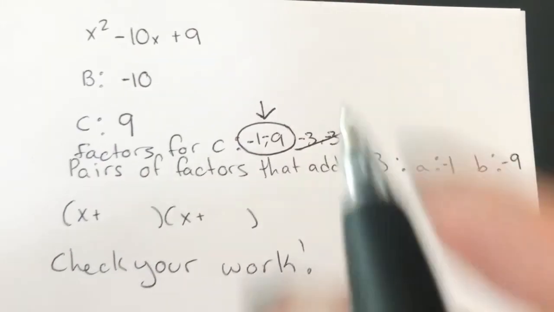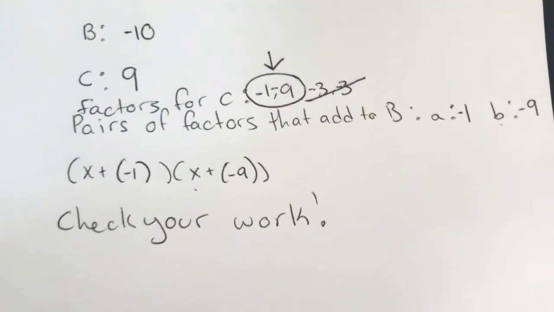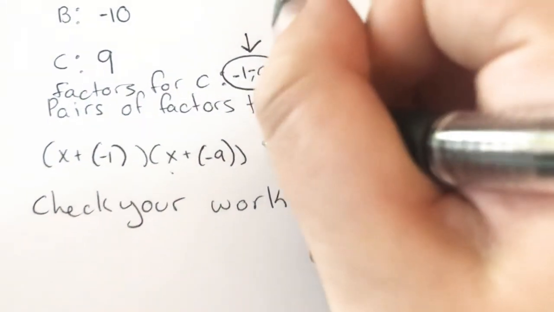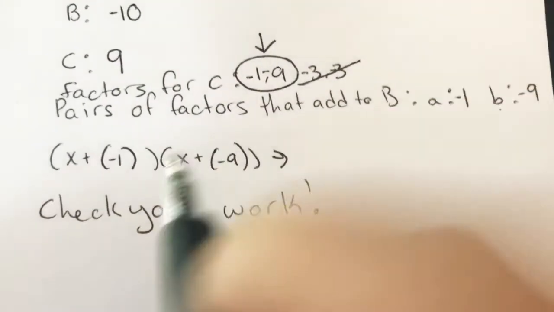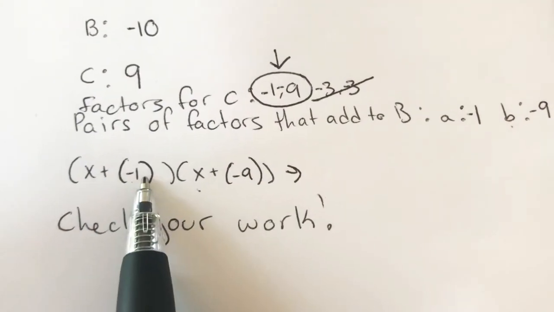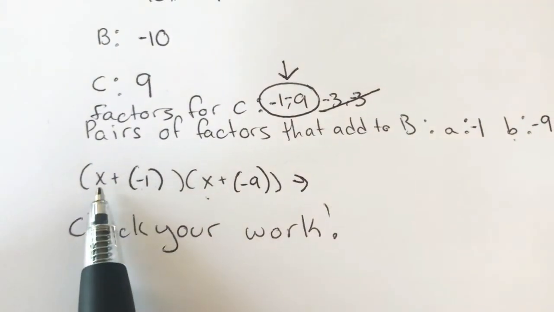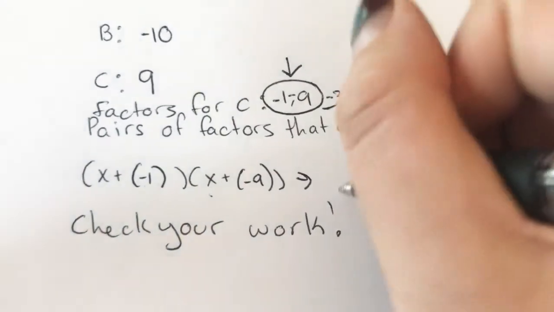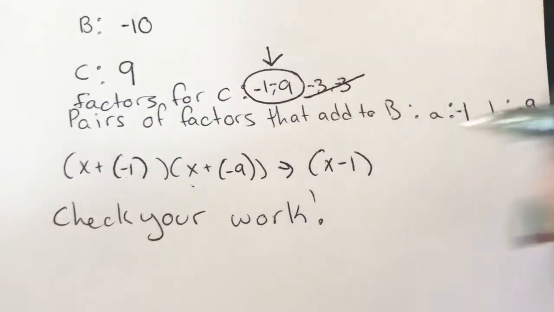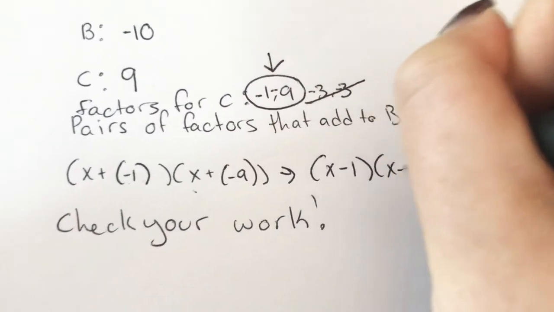So I have x plus a negative 1, and I have x plus a negative 9. First I'm going to write that a little nicer. I don't like having the plus negative, but whenever we have plus negative, it's the same thing as x minus. So this is just like x minus 1 and x minus 9.